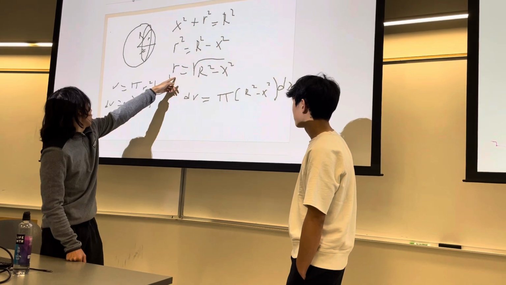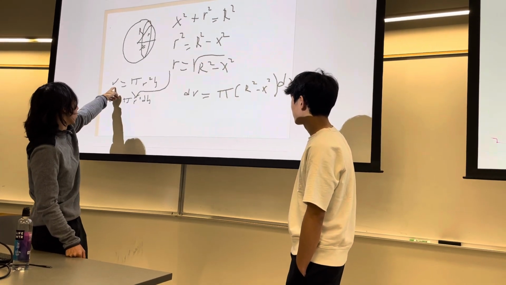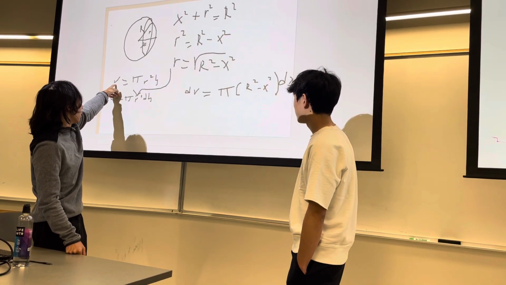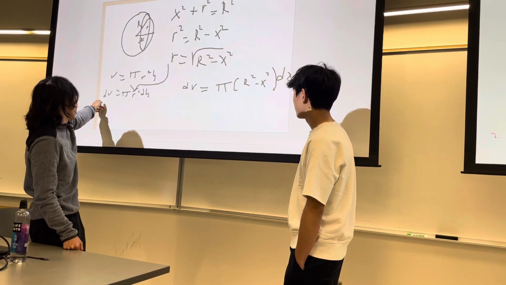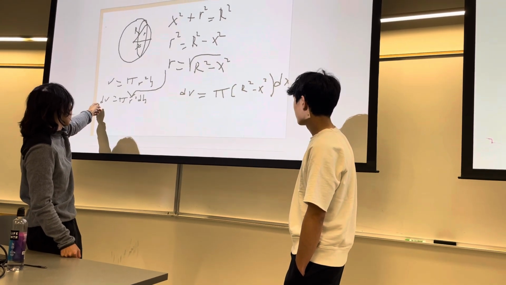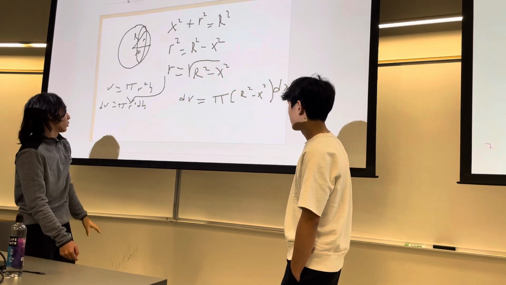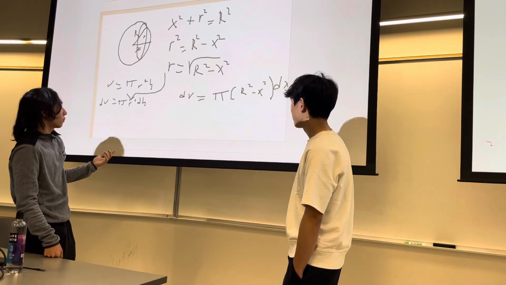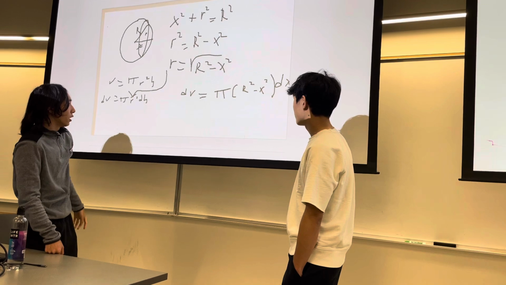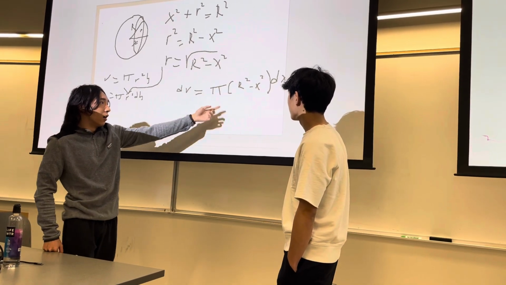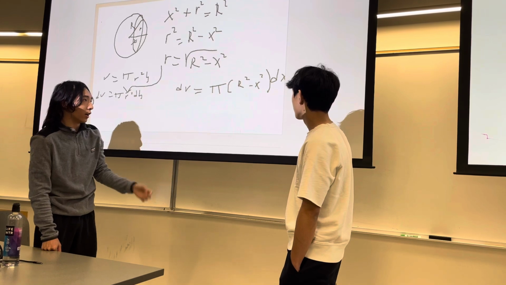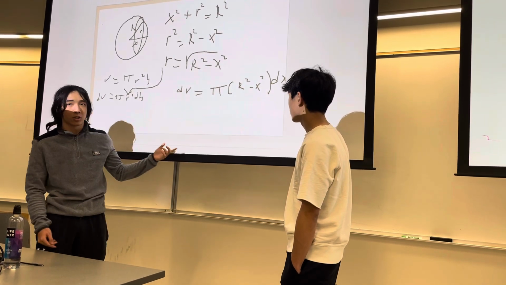Now we need this to substitute into the original volume formula to cancel out the r, and then we can take the derivative of it, giving us the derivative of volume, pi times r squared dh, and then we can sub it into dV = pi (R squared minus x squared) dx.